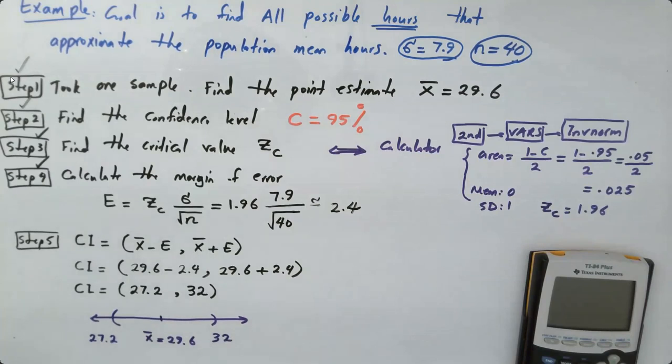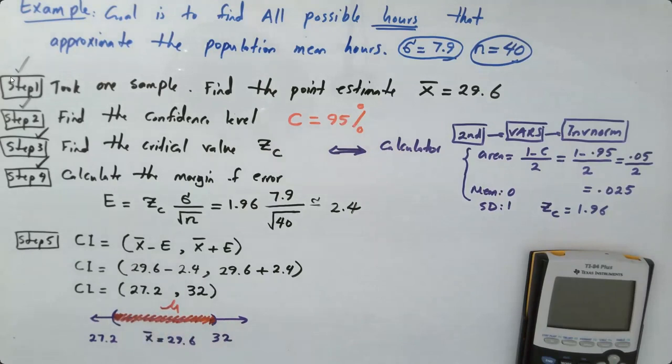You can say that, hey, I am 95% confident that the mu is within these numbers. It might be like 30 hours, it might be 31 hours, it might be 31.9 hours, it might be 26 hours.